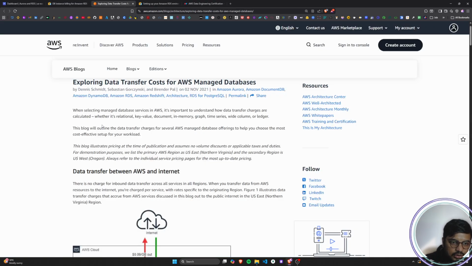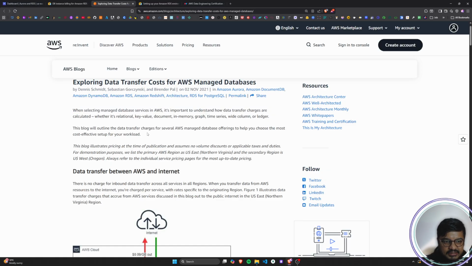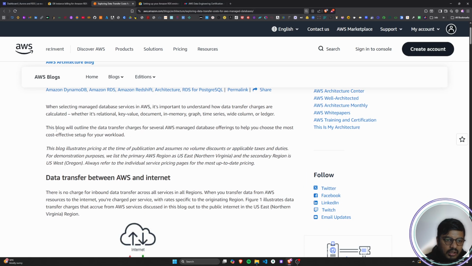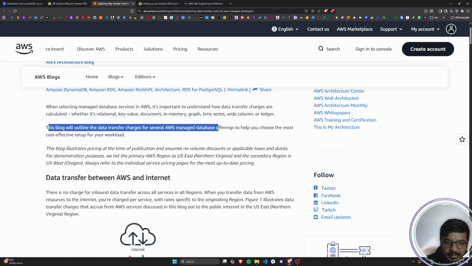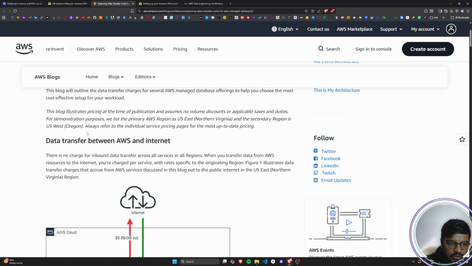So when selecting a managed database service in AWS, it's important to understand how data transfer charges are calculated, whether it's relational, key value, document, in memory, graph, time series, wide column, or ledger-based database. This blog will outline the data transfer charges for several AWS managed databases, to help you choose the most cost efficient setup for your workload.